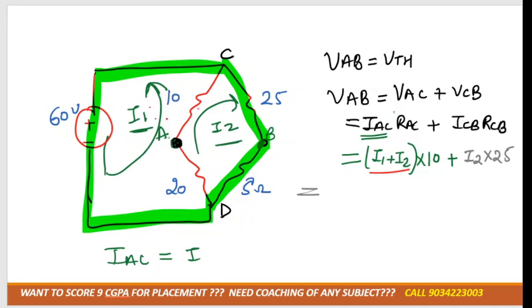So can we make the equation for both the meshes? Now tell me the equation for the first mesh. Plus 60. See, you can see that this is, current will go or not go? Minus 10 into, both the currents are moving in the same direction or in the opposite direction.